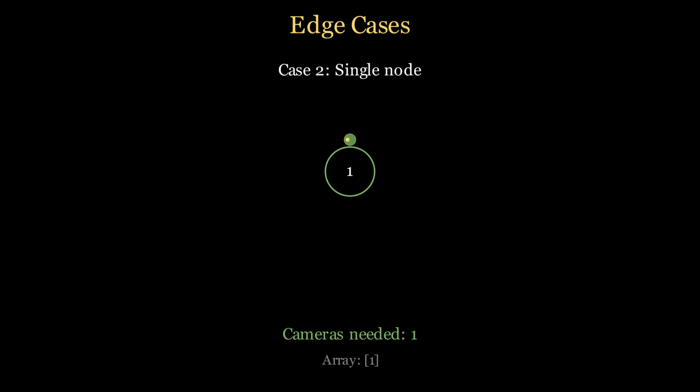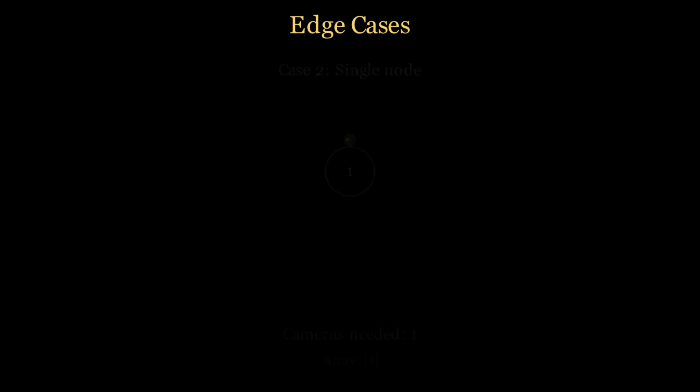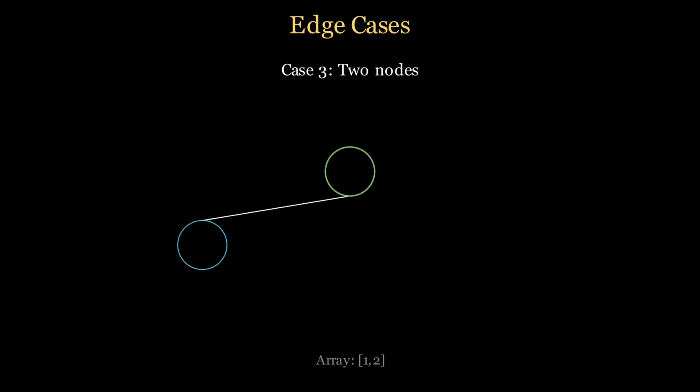For single node, represented by array 1, we need 1 camera. For two nodes, represented by array 1, 2, we need one camera.